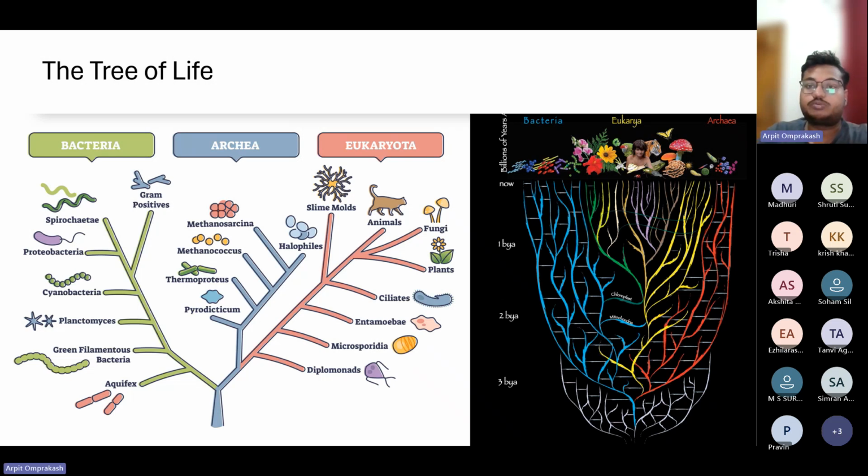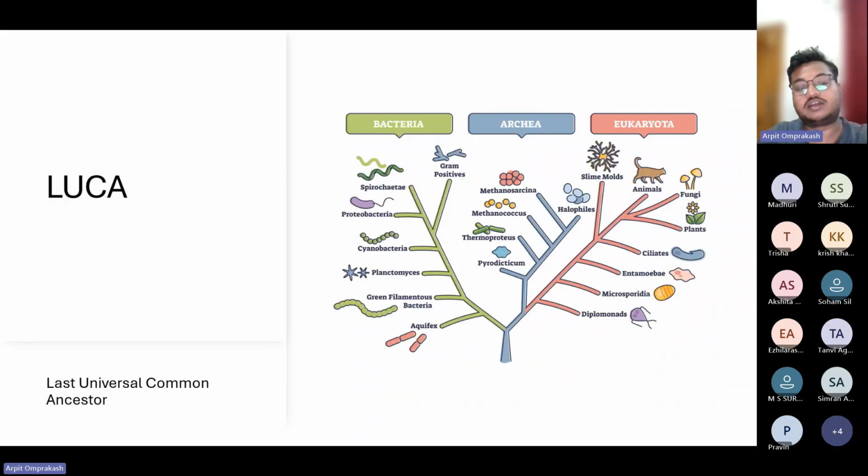Next, we talked about the tree of life, which is basically a depiction of how things have evolved to be where they are. If you see the image on the left hand side here, this is something called the LUCA, which we'll talk about. The LUCA is the last universal common ancestor.